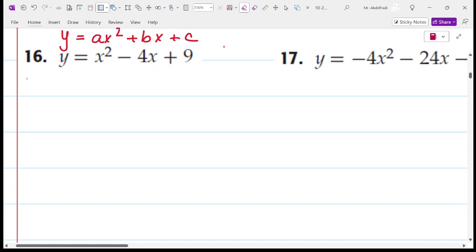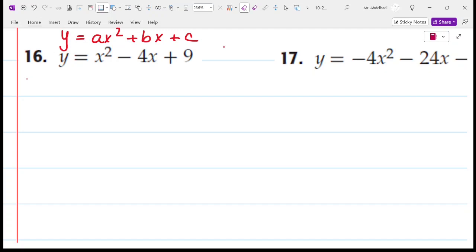So you can see there's an a, you can see there's a b, you can see there's a c. But can you tell what the vertex of that parabola is? No, you can't. What's the only thing you can tell by looking at that? The y-intercept. Yeah, if you put in a 0 for x, you can find the y-intercept, right? So that's about it. You can't find anything else by just looking at it.